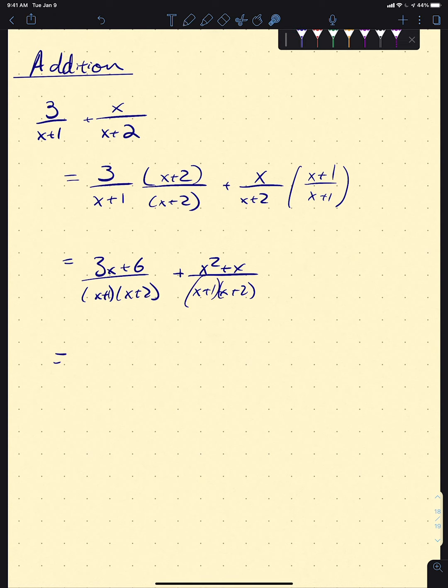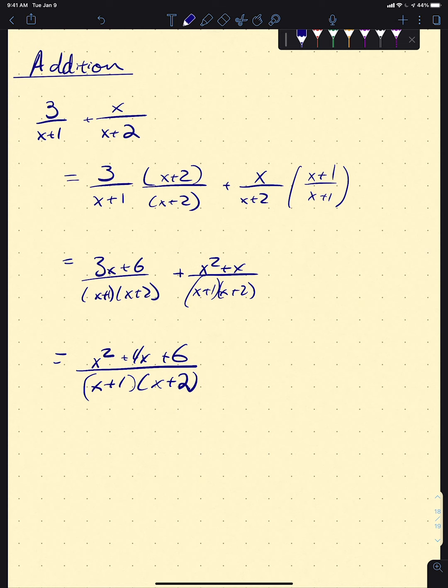And now that we have a common denominator, we can simply add the numerators, leaving the denominators the same. When we do so, we're going to get x squared, 3x plus x is 4x plus 6 over x plus 1 times x plus 2.